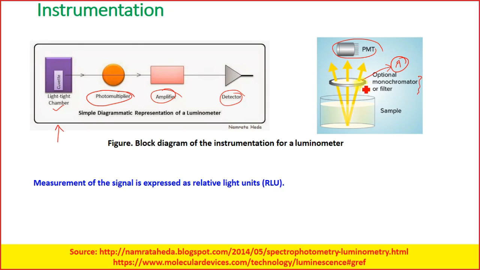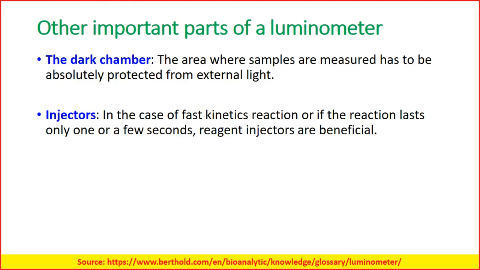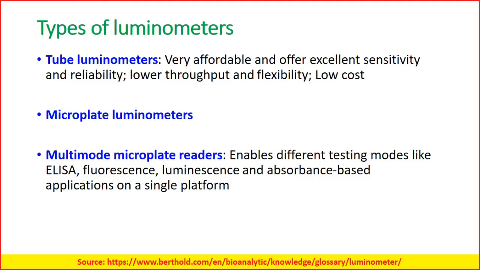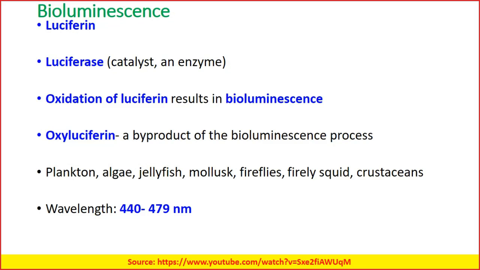And we have also discussed that the measurement of the signal is expressed in relative light units. Then we discussed tube illuminators and microplate illuminators and multimode microplate readers also.